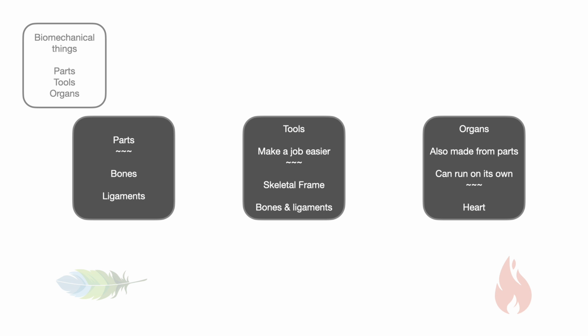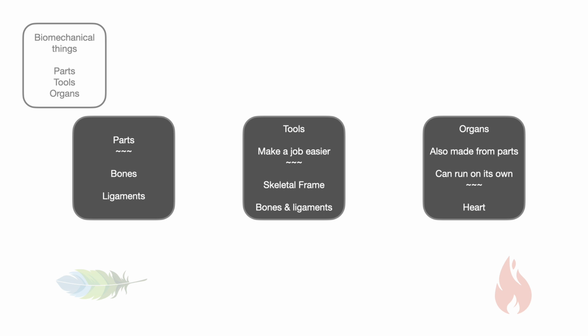Analogous to that, we've got biomechanical things: biomechanical parts, biomechanical tools, and biomechanical organs. Some examples of biomechanical parts are bones and ligaments. And for a biomechanical tool, again, describing something as a tool is basically just a part that can make a job easier.